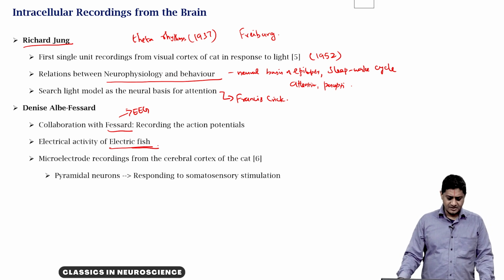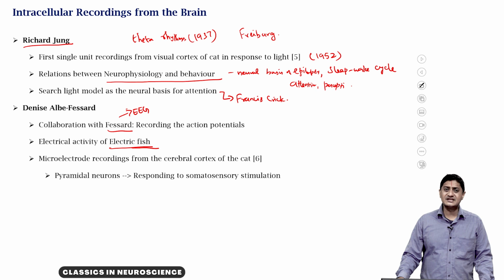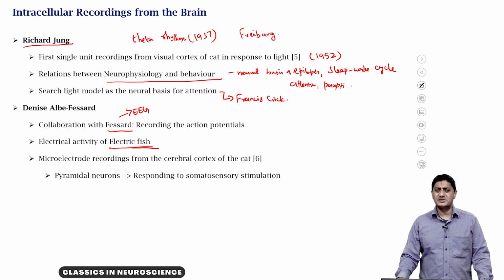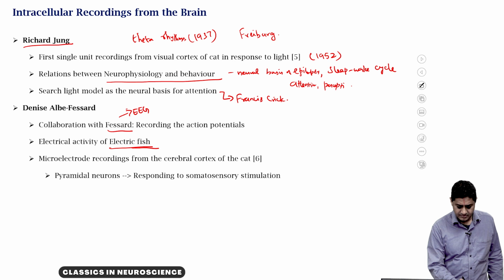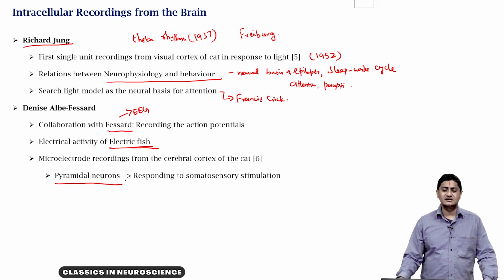One of her earliest works in this field was studying the electrical activity of electric fish, and she also performed what is perhaps the first microelectrode recording from the cerebral cortex of the cat. She published this in French, and these recordings were on pyramidal neurons that respond to somatosensory stimulation in the cat.